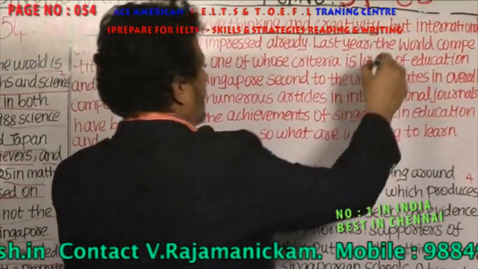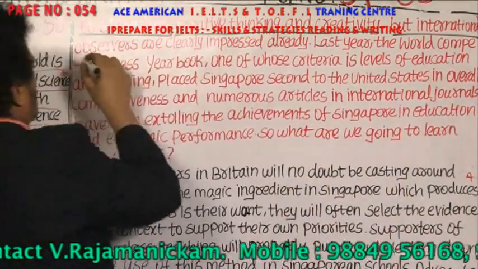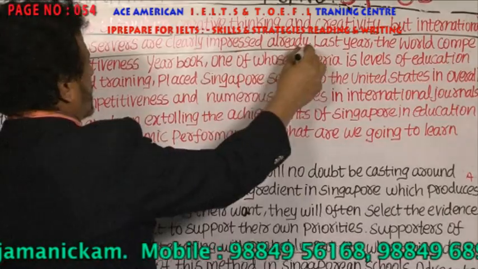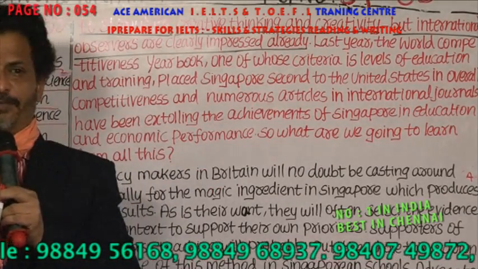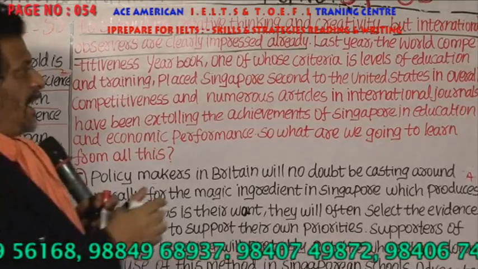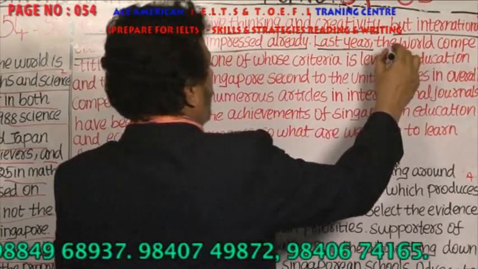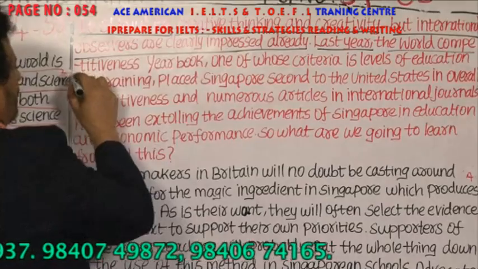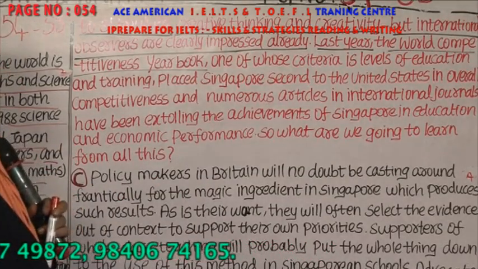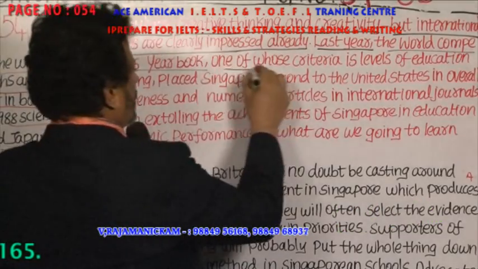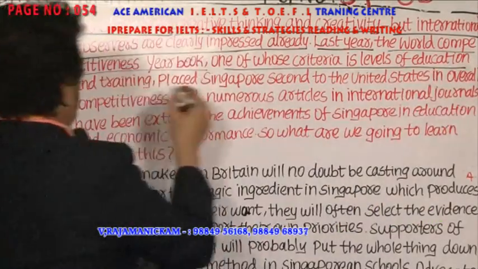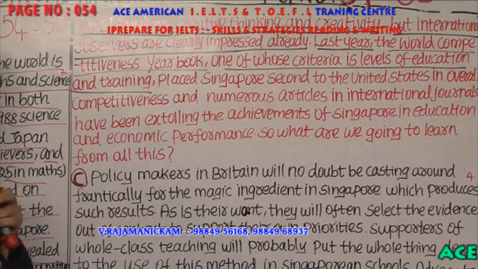But international observers are clearly impressed already. So international observers are very much satisfied. Oh, Singapore education is good. So last year, what happened? The World Competitiveness Yearbook, what did it say? One of whose criteria is levels of education and training.